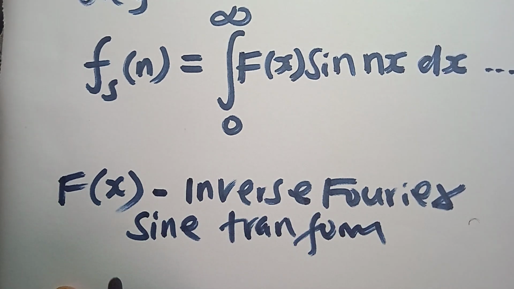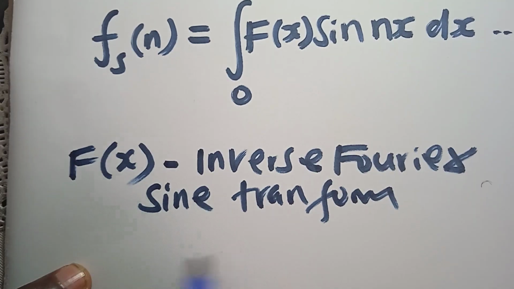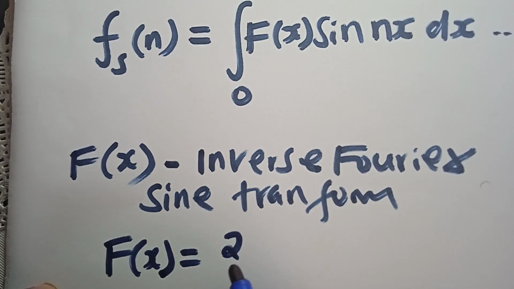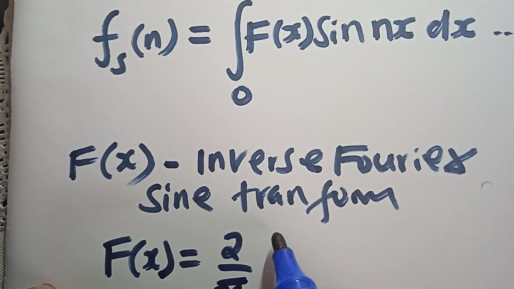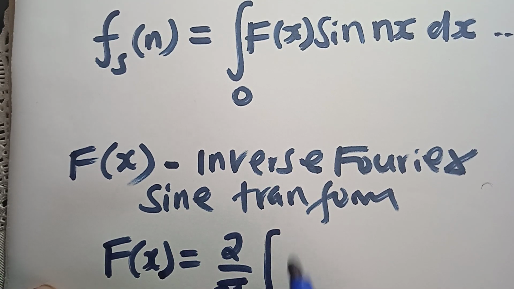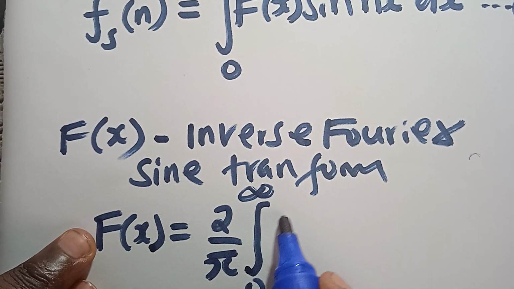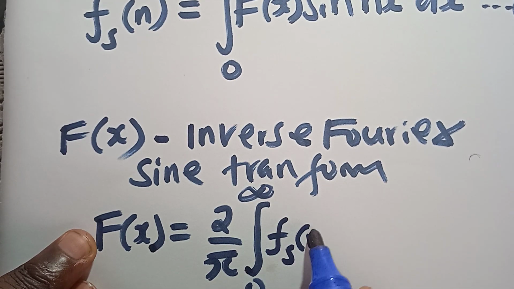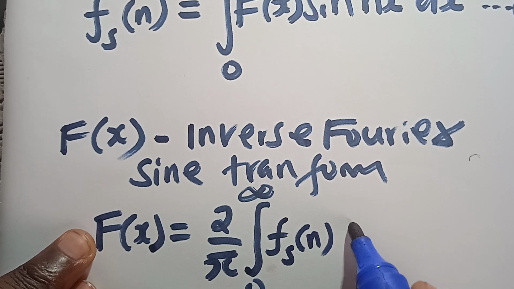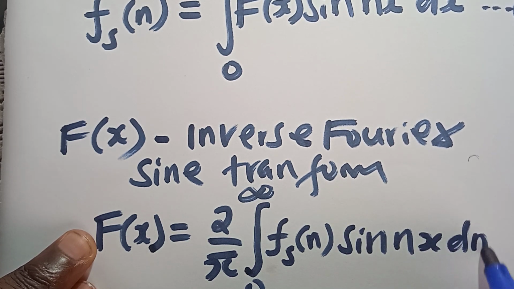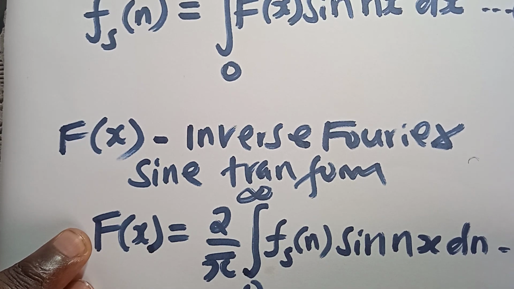It is defined by: F of x will be given as 2 over pi times the integral from 0 to positive infinity of fs of n sine of nx dn. This is our second equation.